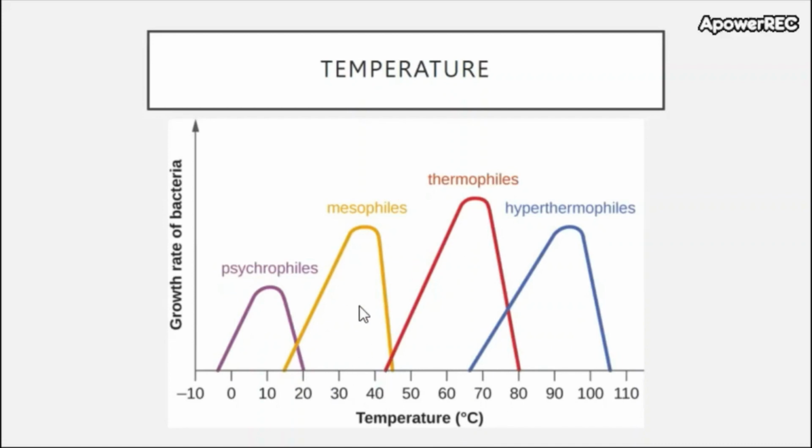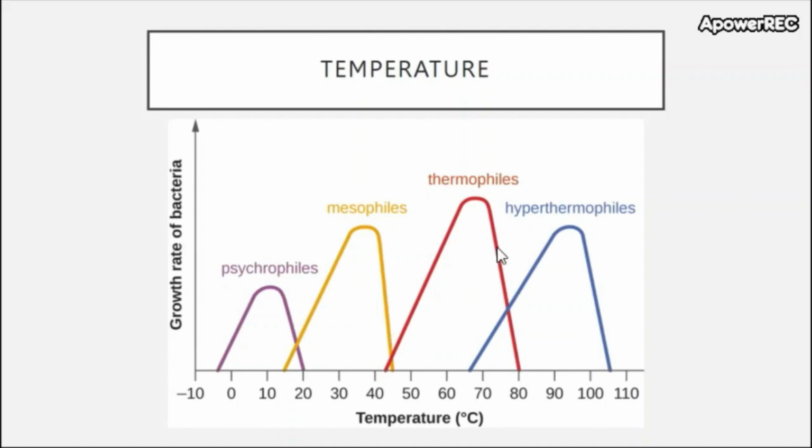So we often refrigerate our food in order to reduce the growth of mesophiles. But we're not going to really fully stop some things like psychrophiles. We might slow them down a little bit in food refrigeration, but we're not going to fully prevent them.